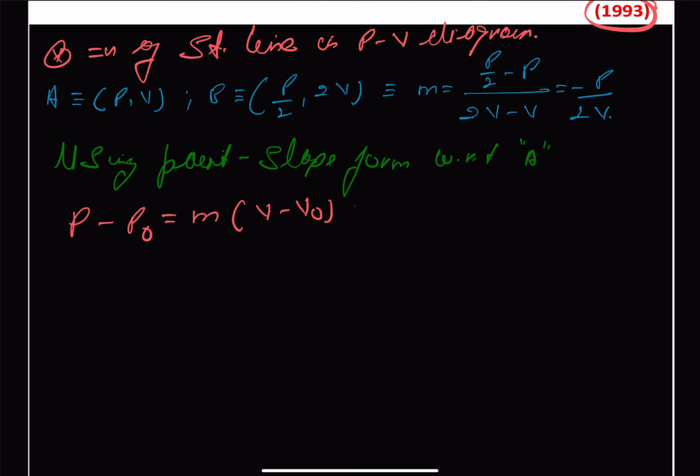So from here we can say that our P is equal to P naught plus minus P naught upon twice V naught, and we have V minus V naught.